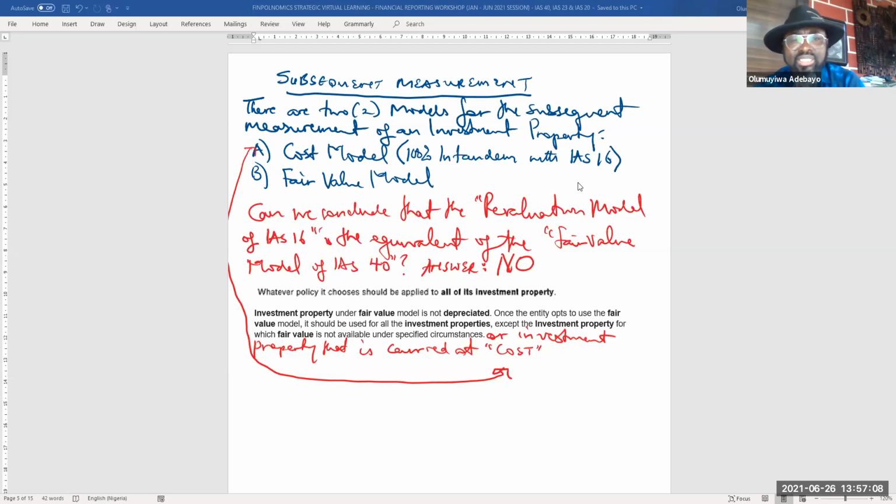I don't see it as more of a rigor or bottleneck or challenge in adopting the fair value model, even by a small entity. And again, as a small entity, your investment property will not be that sophisticated that it will require a humongous amount to value. I think I've made sense in that.